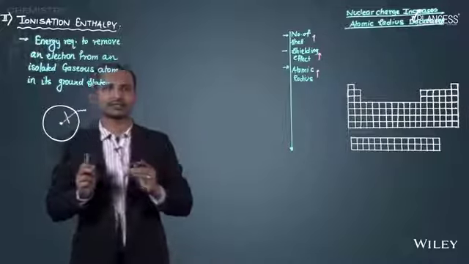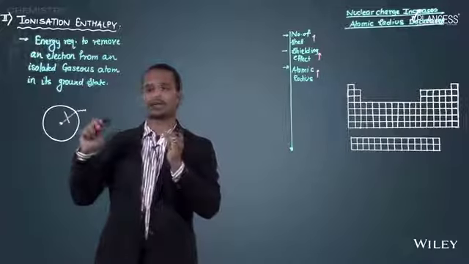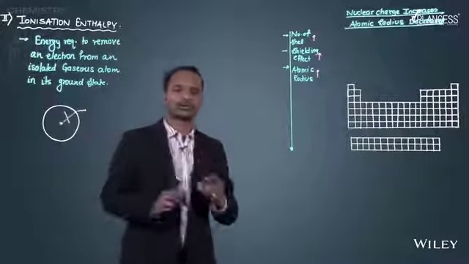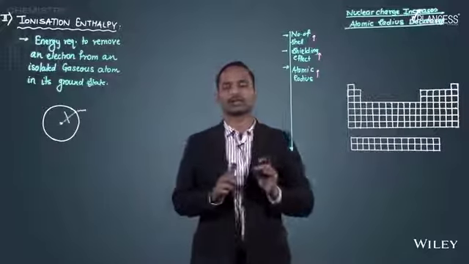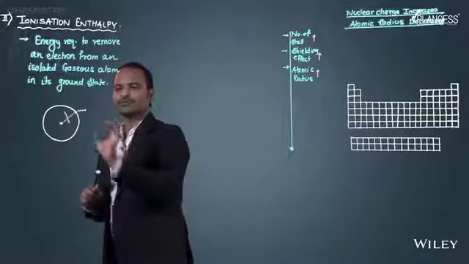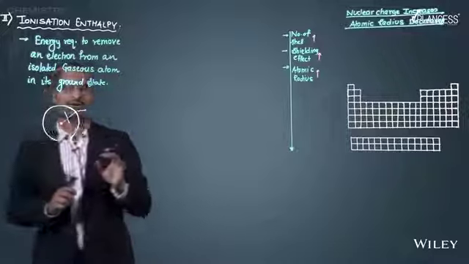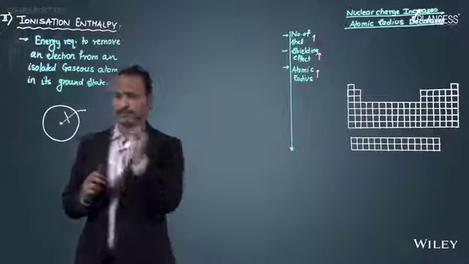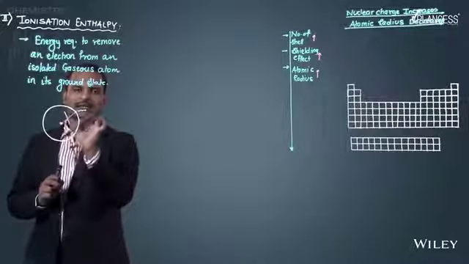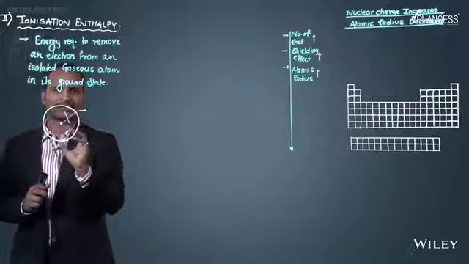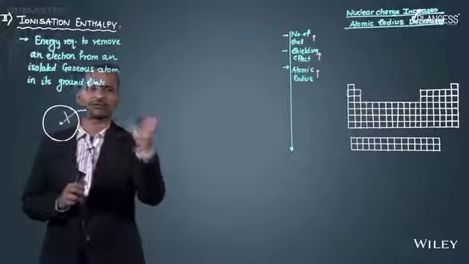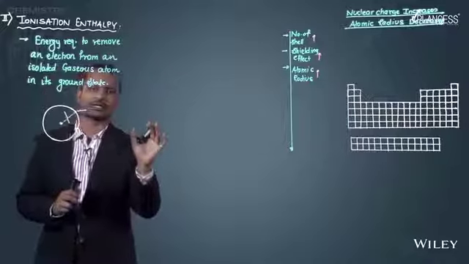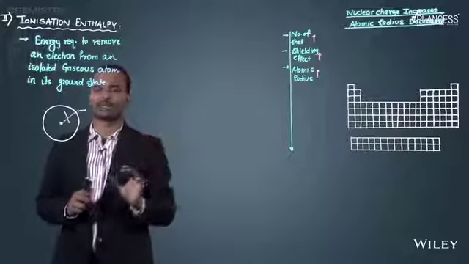So the higher the attraction, the more energy will be required; the lower the attraction, the lesser the energy, meaning the ionization enthalpy will be low.